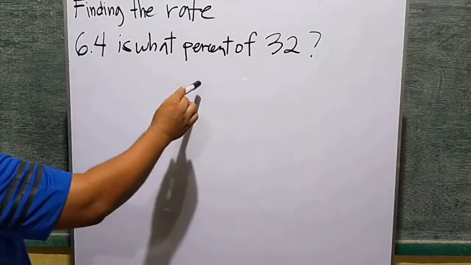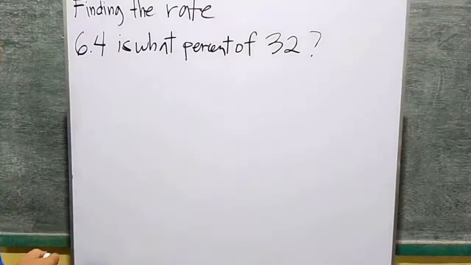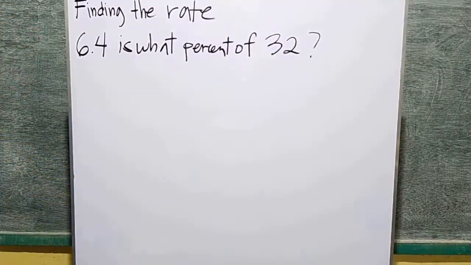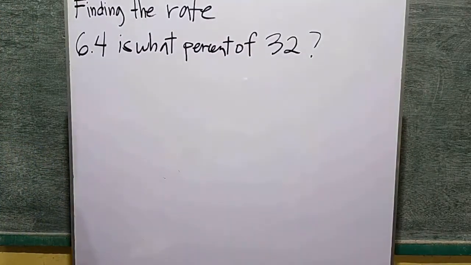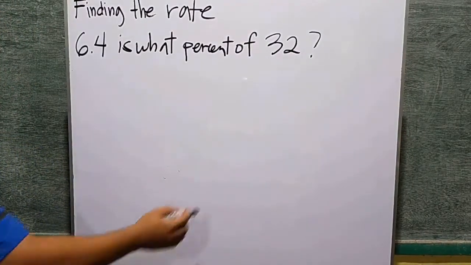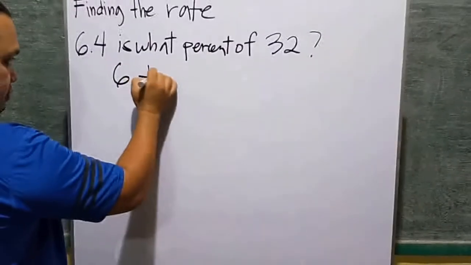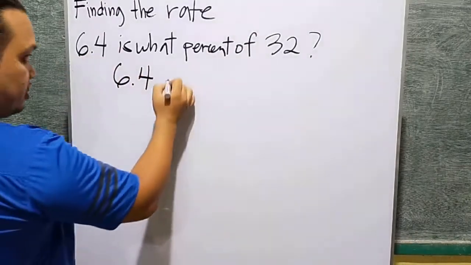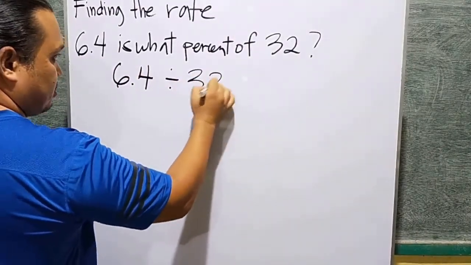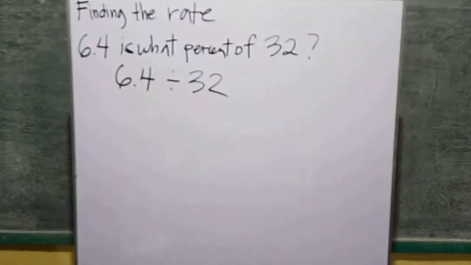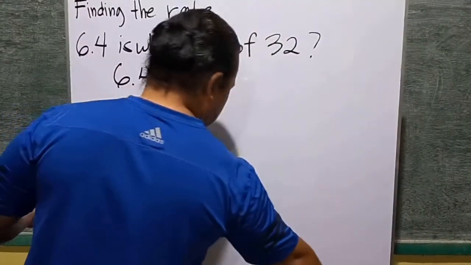Using the Decans triangle, looking for the rate, we have percentage over base. So we're going to divide 6.4 by 32. That will be our formula, or solution. So let's divide.